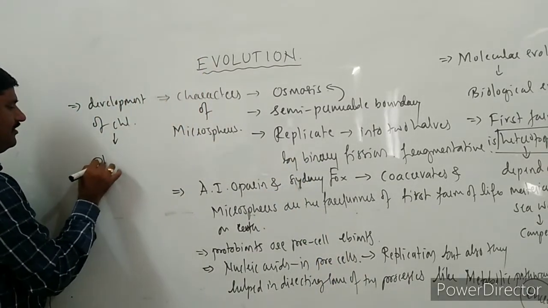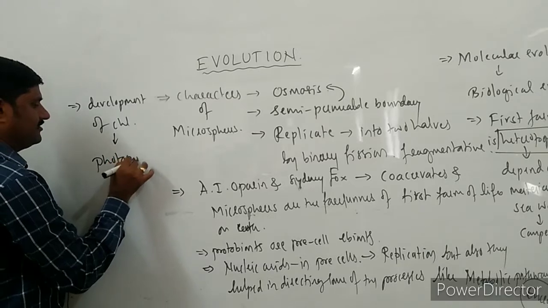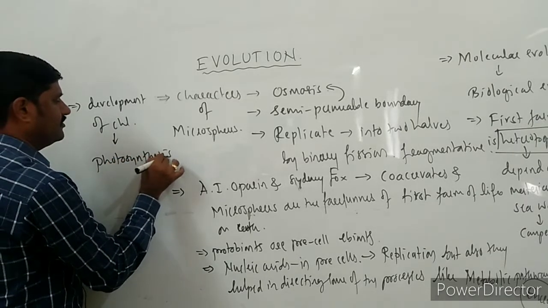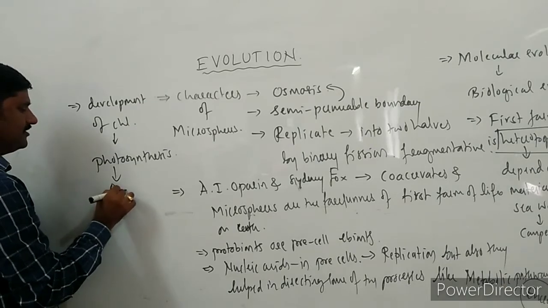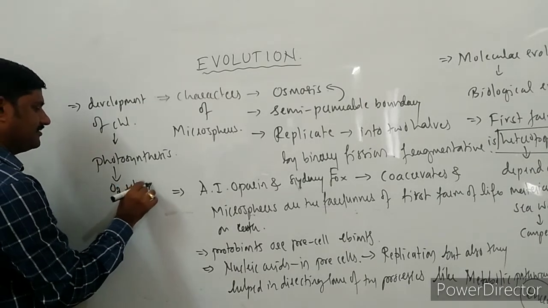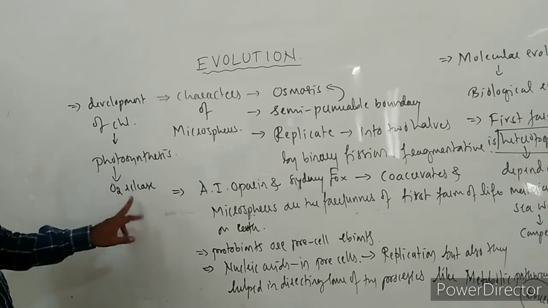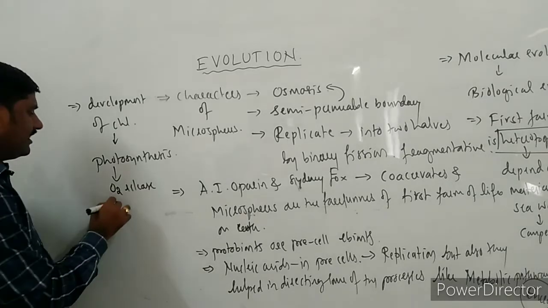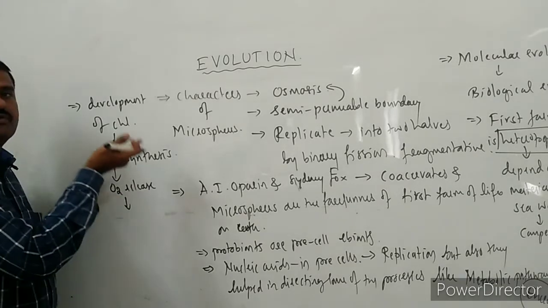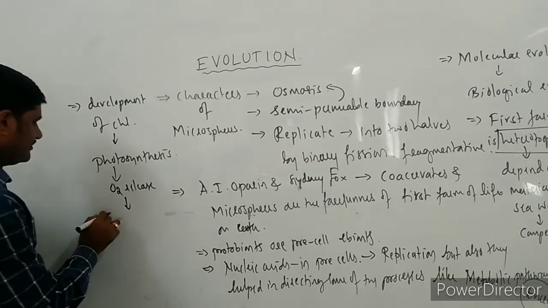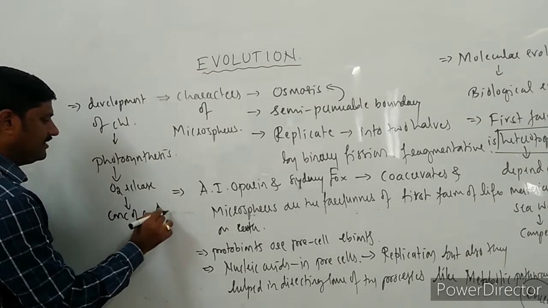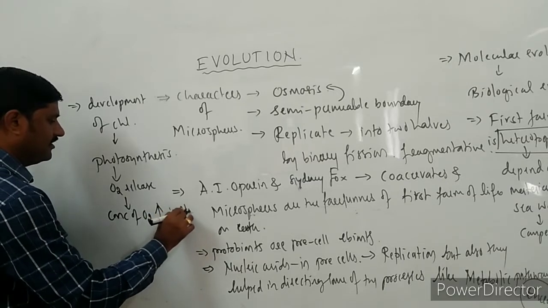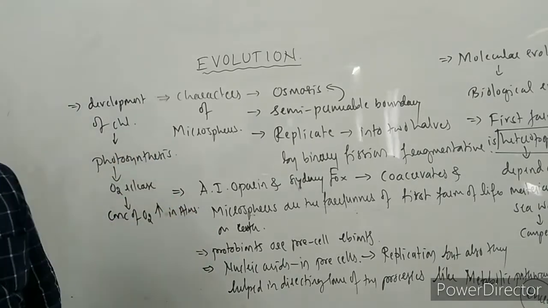When photosynthesis started, oxygen started to be released. Right? In the atmosphere, the content of oxygen goes on increasing. The concentration of oxygen increased in the atmosphere later.